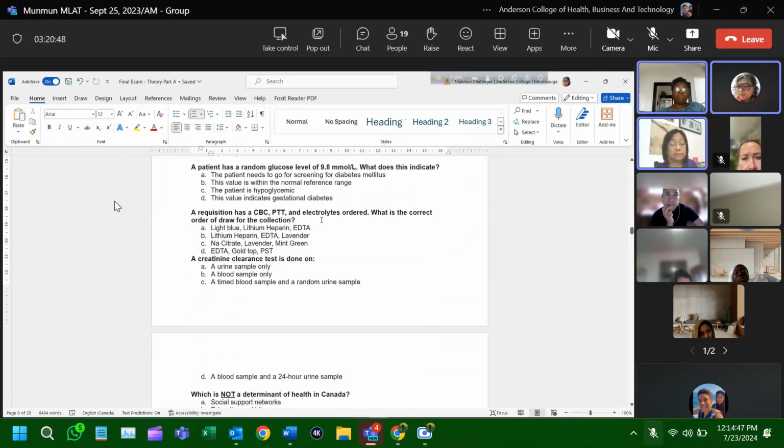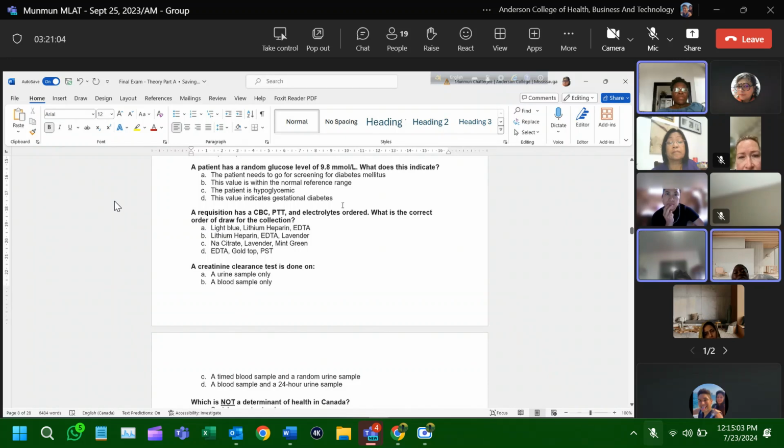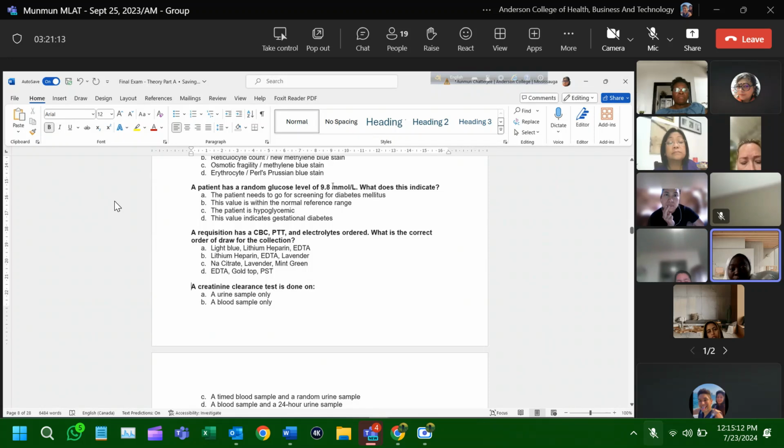Good. It's letter B. A patient has a random glucose level of 9.8 millimole per liter. What does this indicate? A, they need to be checked for diabetes. Random blood glucose of 9.8 falls within the range? No, 9.8 is still high.